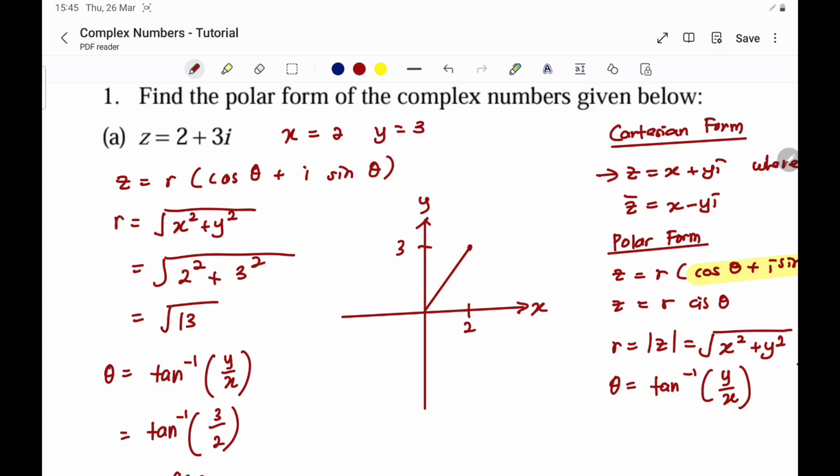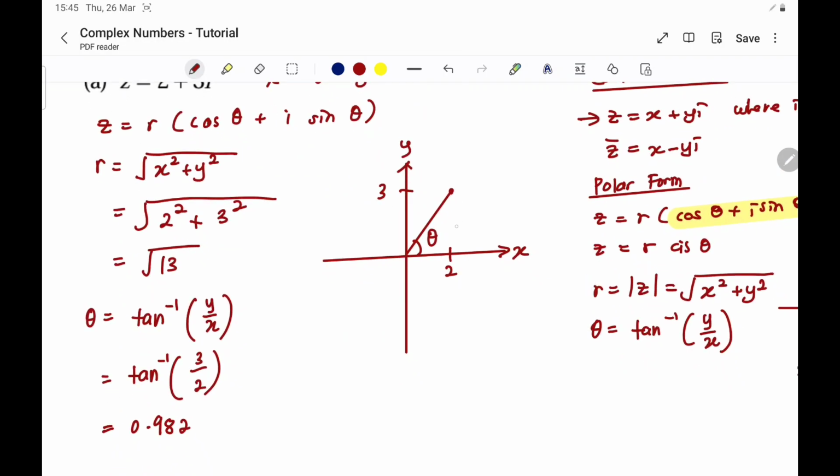The angle that we want to find is here. You just got the angle in radian, 0.982. To know the location of the point, you have to find the angle starting from the origin until this point.